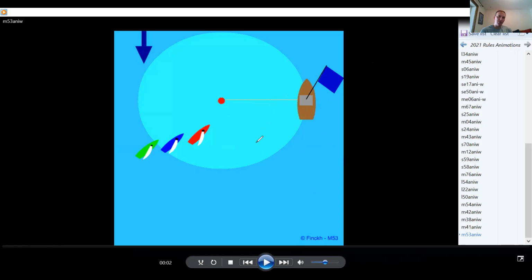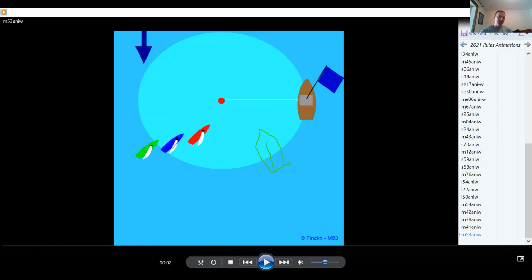The more difficult piece is, let's say you have a boat on starboard coming in here, like this. This happens all the time. A boat coming in on starboard at the finish line, right at the mark.